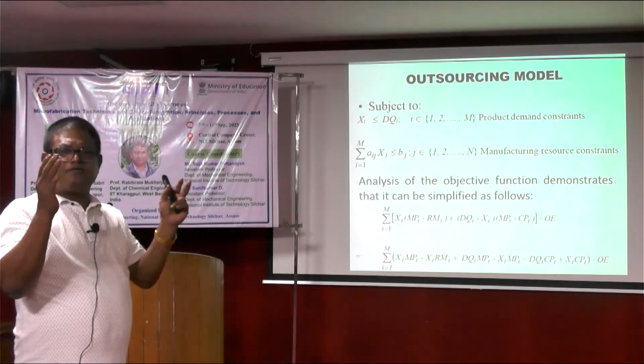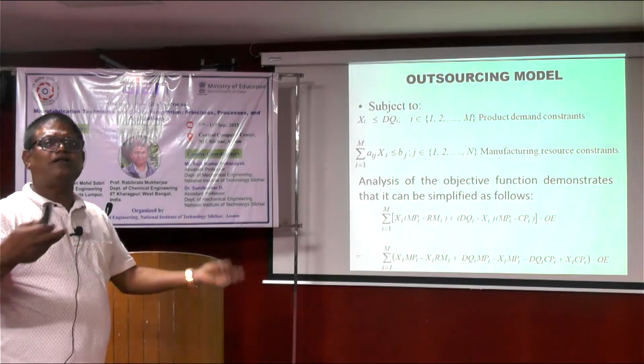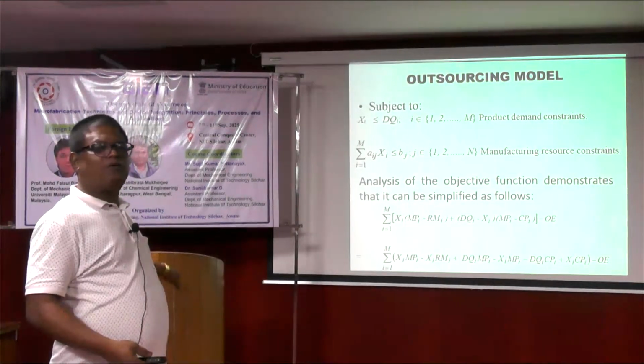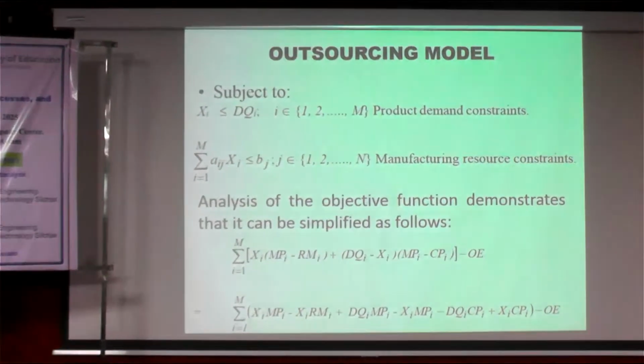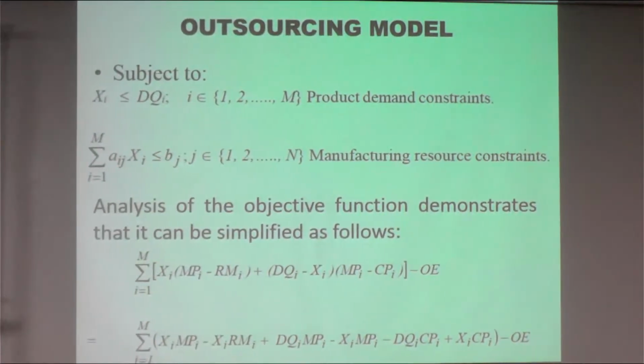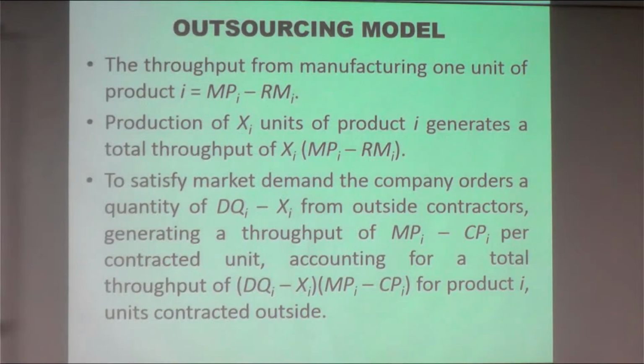I cannot run it more than the available time. It is available for one shift, say. Understood? What is that? That is my Bj. Bj is the total available time of this machine. So whatever I may give, what is Aij?